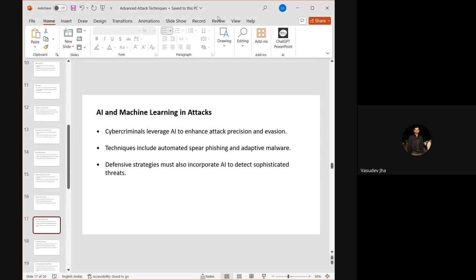So cyber criminals leverage AI to enhance attack precision. Basically, we can go for a precise attack. These techniques include automated spear phishing and adaptive malware. Now the defense strategy must also incorporate AI to detect sophisticated threats.